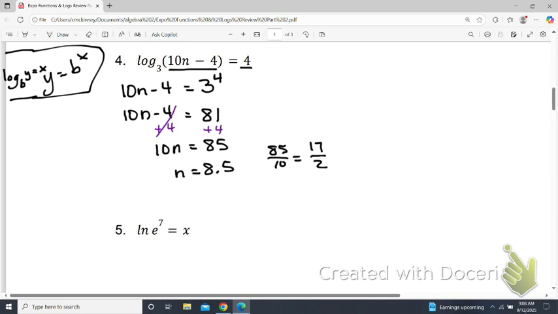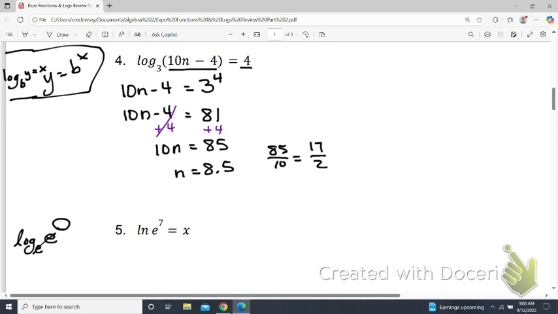This is actually an easy natural log problem, but it's really like you either remember or you don't. So keep in mind that natural log is the same thing as if I wrote log base e. So if the base is e and this is e, then this number is the exponent because the base and the log are the same.